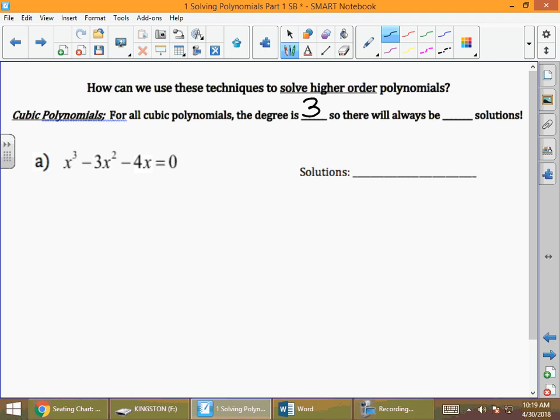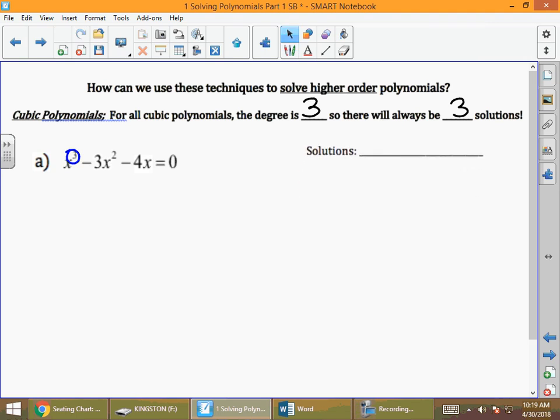And consequently, because the degree of the function is 3, how many roots or solutions or x-intercepts do you think we'll have? 3. Once again, when we look over here, the highest degree is 3 on this. So eventually, we are going to have 3 solutions to this problem.